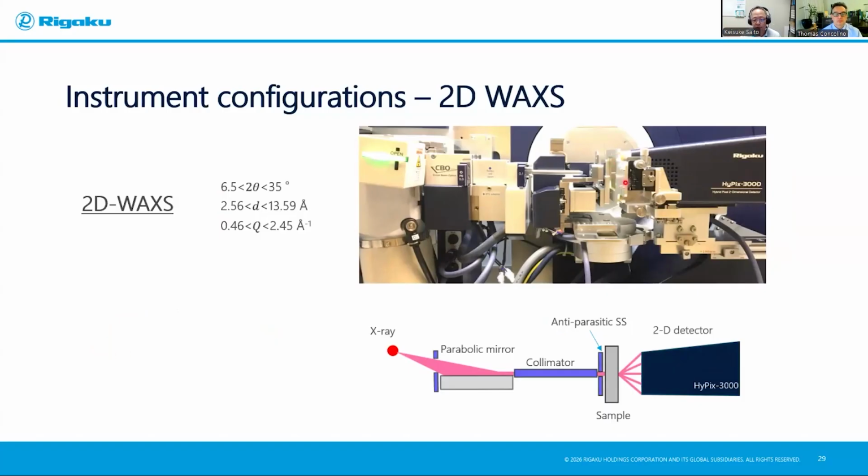As you see in this photograph, the 2D detector is sitting right behind the sample. That detector covers as wide a scattering angle range as possible. So we cover somewhere between 6.5 degree 2 theta up to 35 degree 2 theta scattering angle.